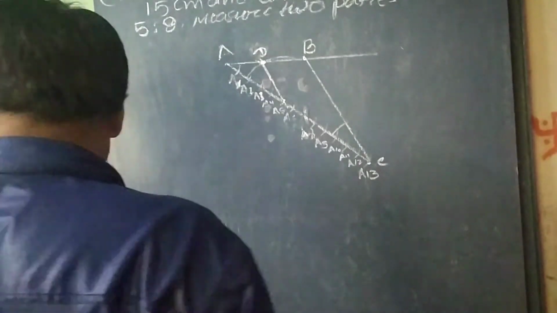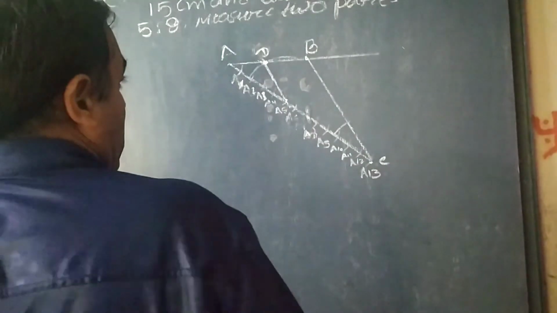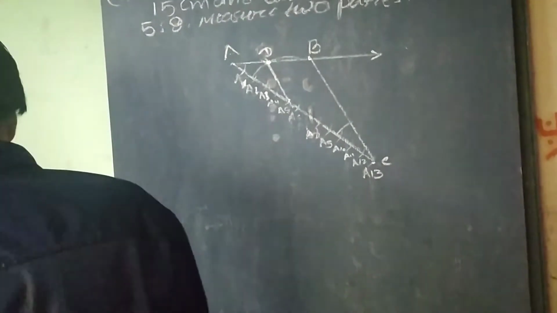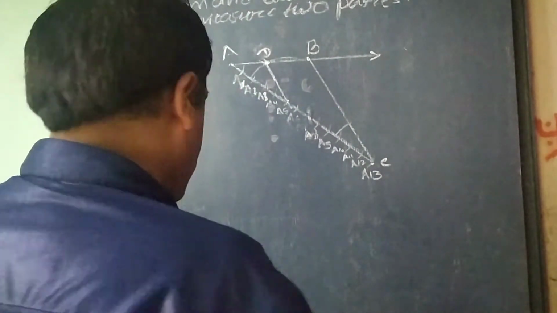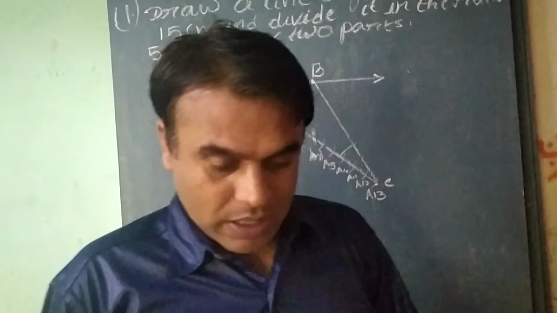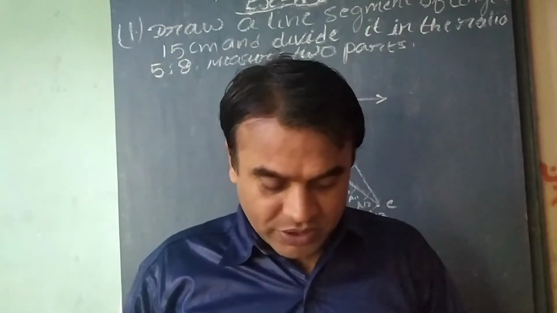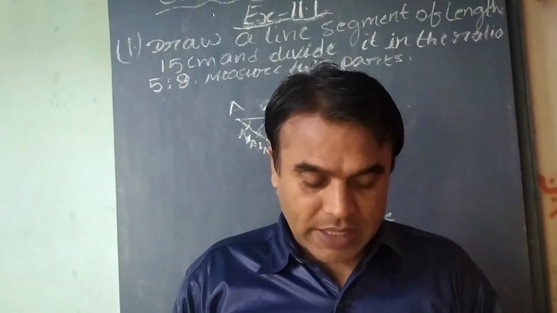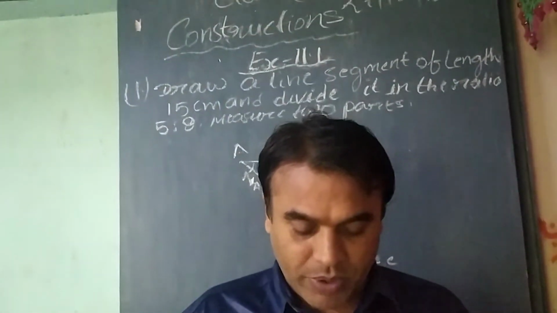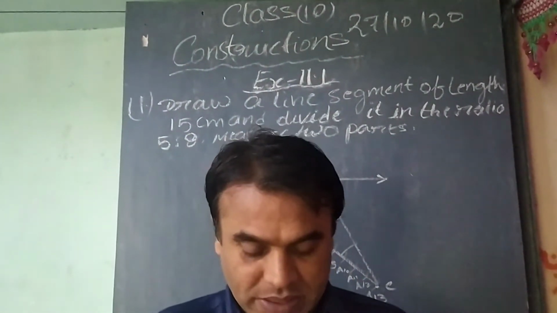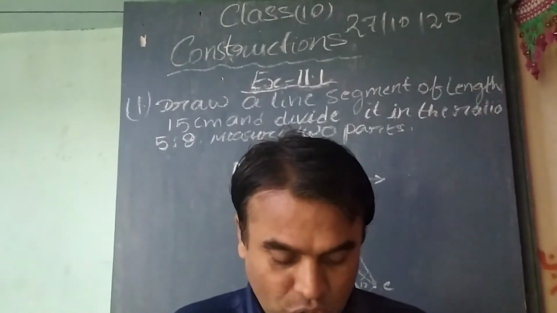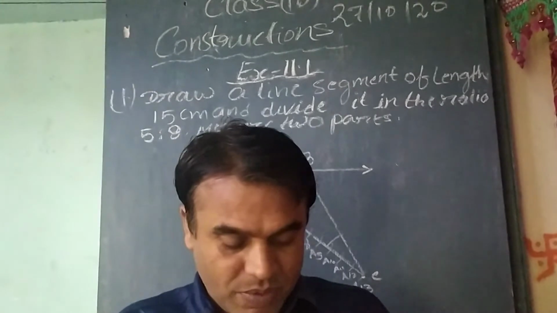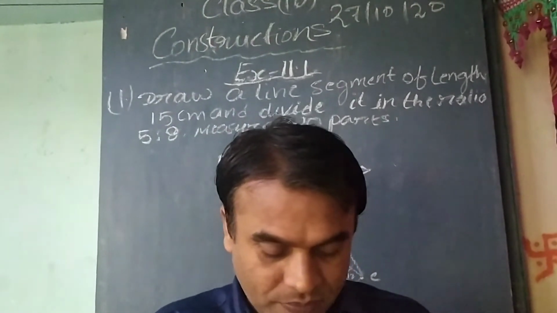Now we will write about the construction. Here is how we constructed. First, the steps of construction: draw a line segment AB of 15 centimeters. Draw a ray AC making an acute angle with AB as shown in the figure.